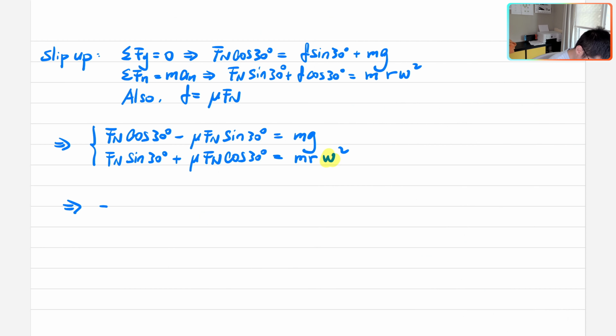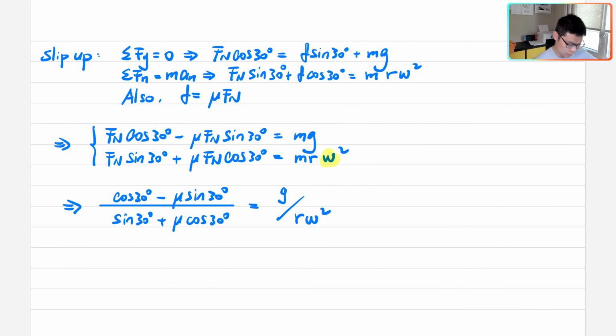Eventually, you should get something like this: cos 30 degrees minus mu sine 30 degrees over sine 30 degrees plus mu cos 30 degrees equals, on the right hand side, g over r omega squared. Fn is gone, right?